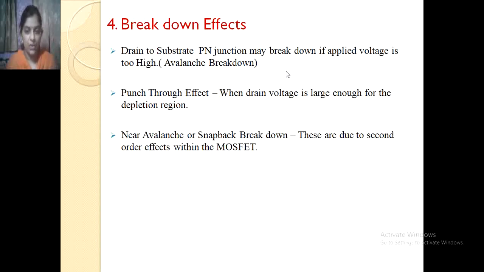When the drain voltage is large enough for the depletion region, that is known as the punch through effect. So near avalanche or snapback breakdown, these are two second order effects within the MOSFET, that is the breakdown effect.